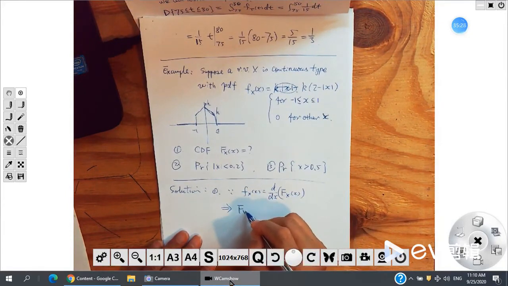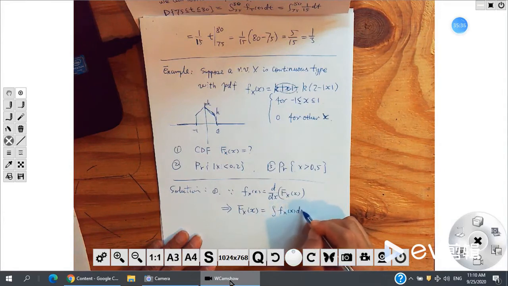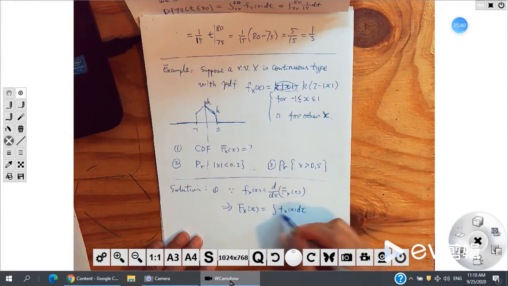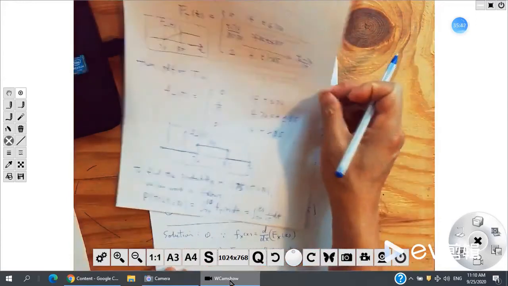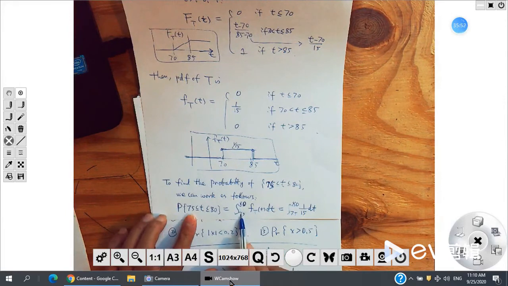So the CDF, the capital F, will be the integral of fx of x dx. Actually, this is the probability, right? As I explained here, when you want to find the probability of an interval, you just integrate this density function on the interval.